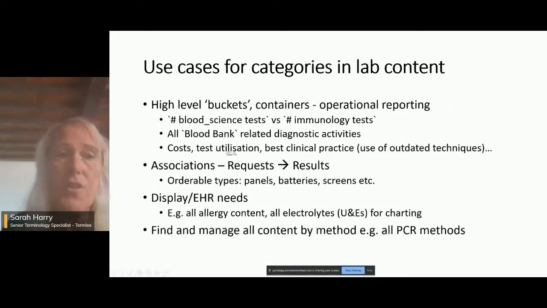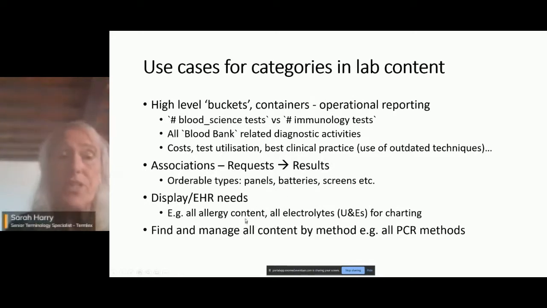On costs and test utilization, best clinical practice as well, of course, and make sure we're using up-to-date techniques, not outdated ones. The associations between requests and results, again, as I was saying about orderable types, there's certainly a need to be able to separate those things out operationally. So that's quite an important area, and I've shown a way in which that can be done within an interface. Display. If you're a clinician and you've got a patient expressing an allergy in front of you, and you want to check out what allergy tests are available, you just want to see those.